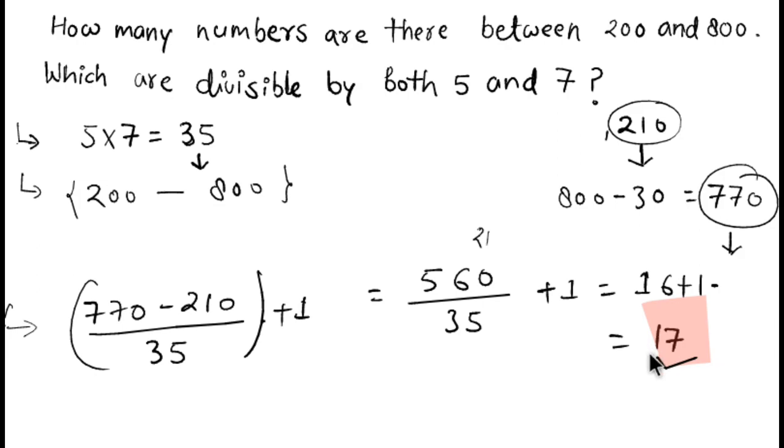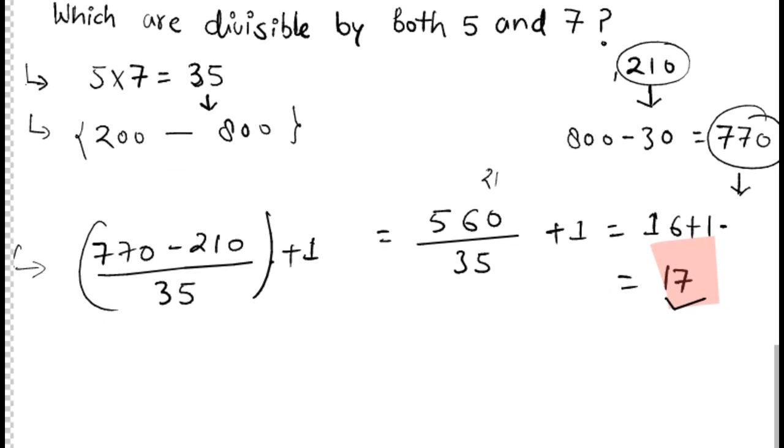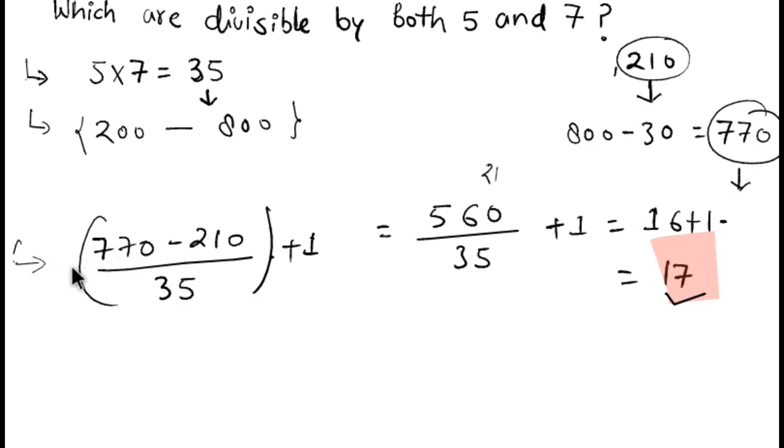That is the answer. And if you want to know why I did this step, subtracting the smallest number from the biggest number and dividing it by 35, I recommend you just try it for 2 and 3 between 1 and 20.